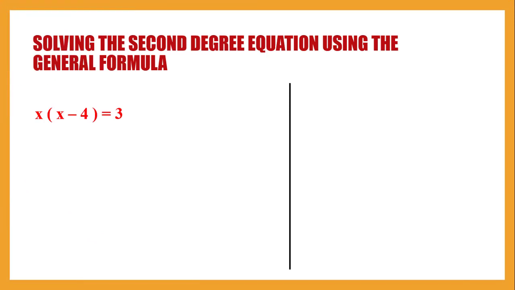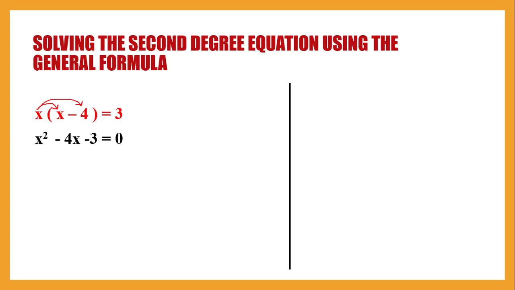Another one, here we have x multiplied by x minus 4 equals 3. At first, I'll multiply x by x minus 4: x multiply x is x power 2, and x multiply negative 4 is negative 4x.